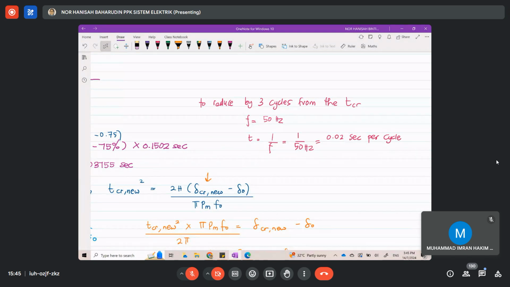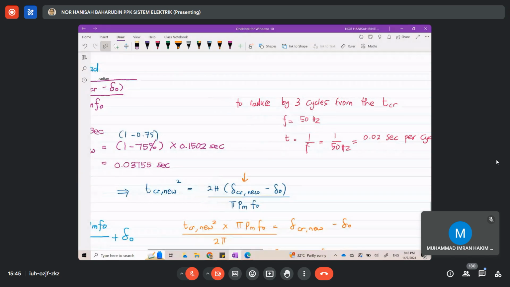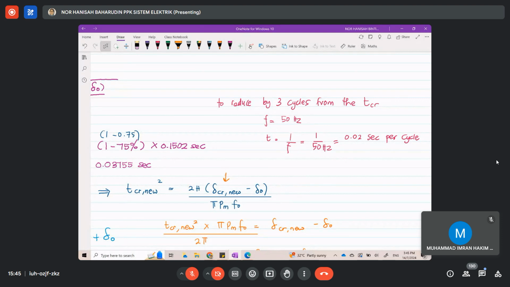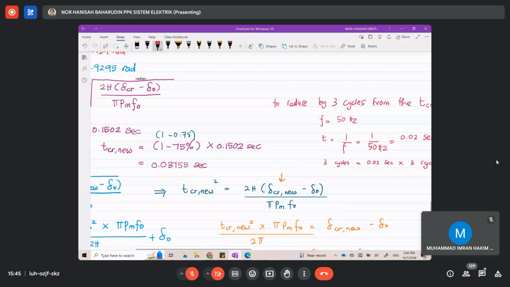So for this case, student, for example, to reduce by 3 cycles, 3 cycles will be 0.02 second times 3 cycles, which is 0.06 second.